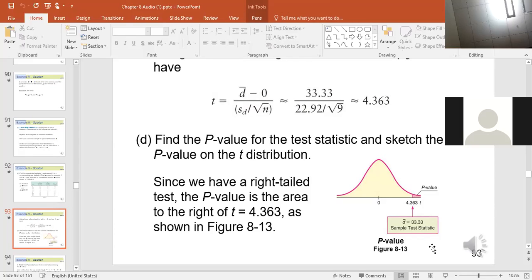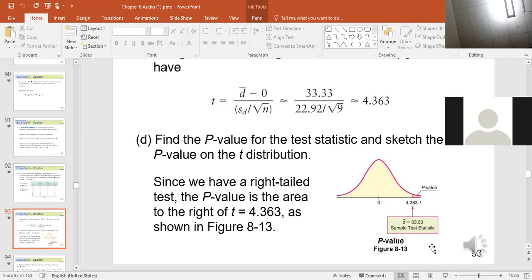It's two tail when you can be less than or greater than. So when it is different, it could be different because it's less than, or it could be different because it's greater than. So two tail is different. When it is less than or greater than, it is one tail. So you will have p-value for one tail and two tail.